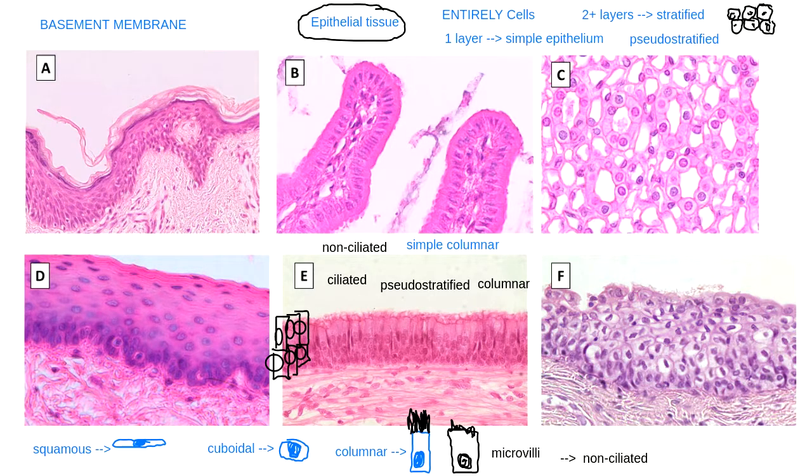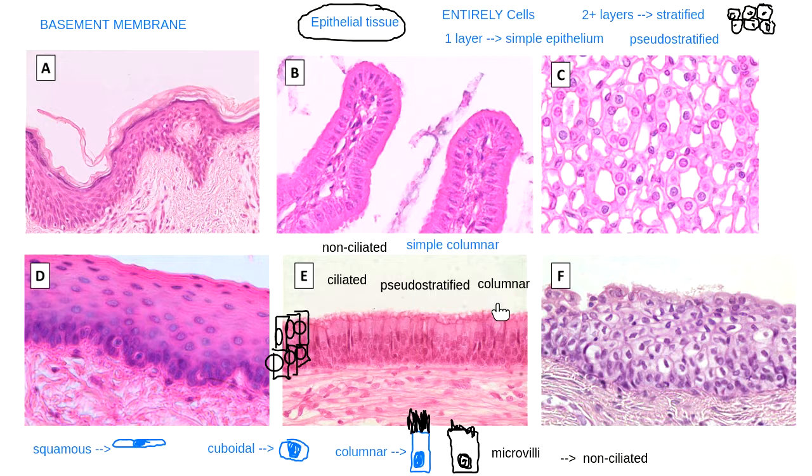So I'd have two distinct rows of my nuclei, a top row and a bottom row. Because I have so much of a mess in my nuclei, anytime you see a mess of nuclei, you're thinking pseudostratified. So these are my two columnar tissues that we're seeing on here. Ciliated, meaning I've got eyelashes. Non-ciliated, meaning I got peach fuzz. Simple, one layer. Pseudostratified, one layer, we're pretending, we look really messy. And columnar for column-shaped cells.